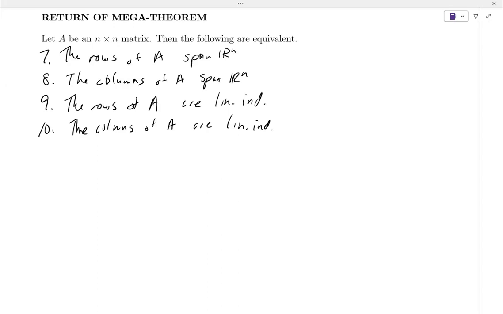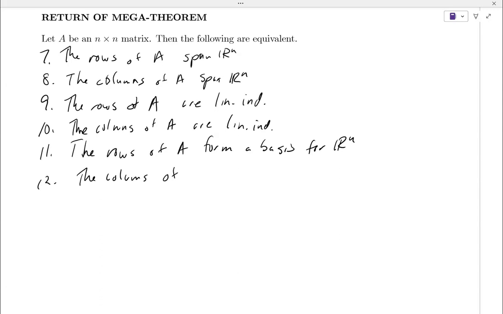The basis, right? So these all together tell you, for 11, the rows of A form a basis for Rn, and number 12 tells you that the columns of A form a basis for Rn.